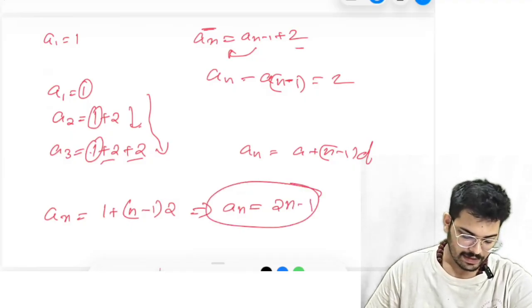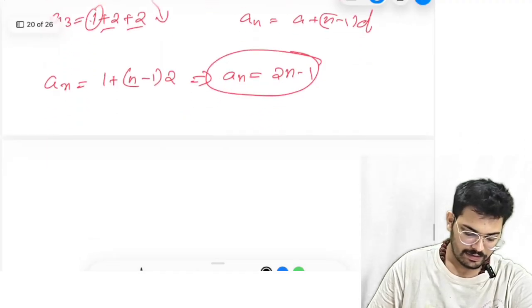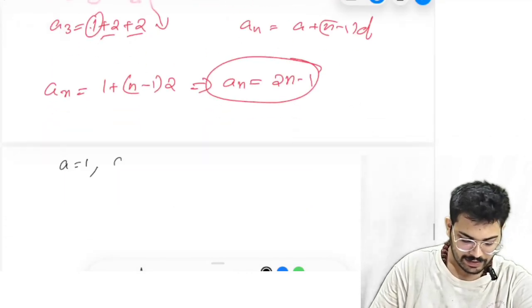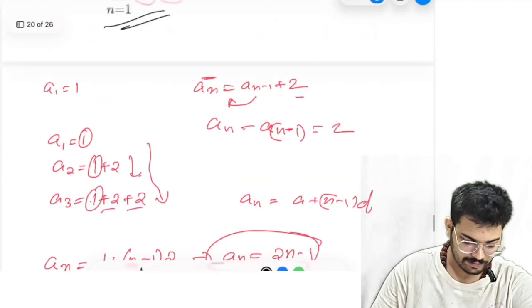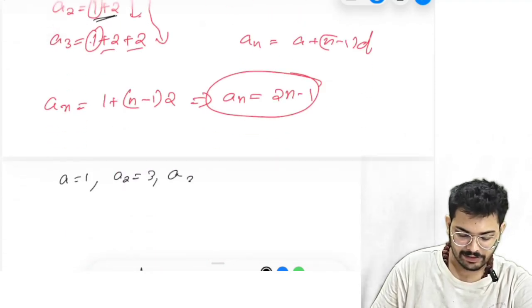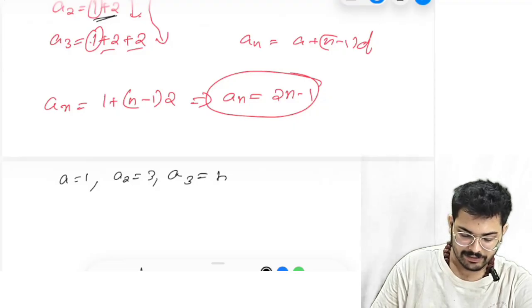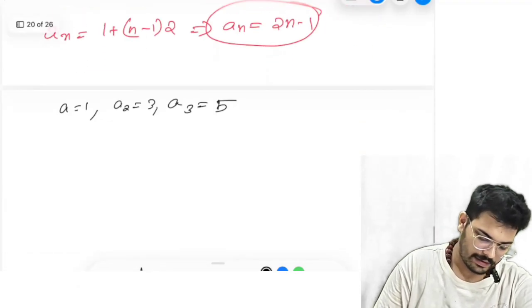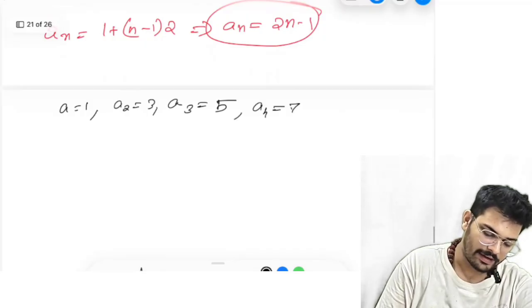Now one more thing, a1 equal to 1 and a2 will be 1 plus 2, which is 3, and a3 will be 3 plus 2, which is 5. Similarly, a4 will be equal to 7, and so on.